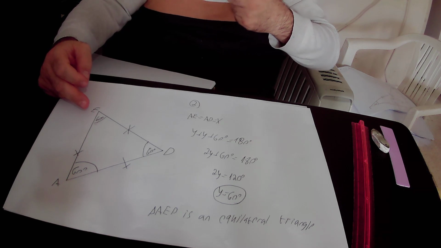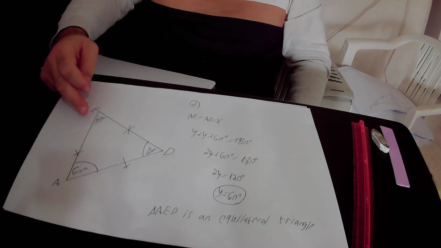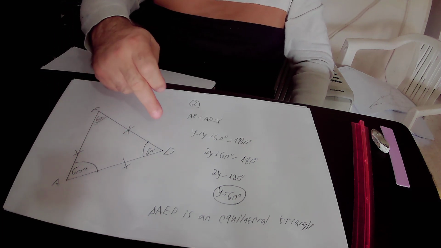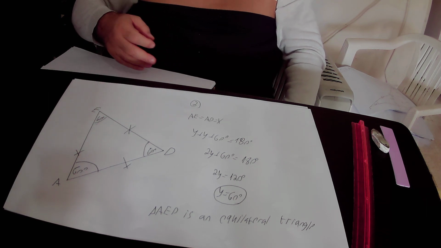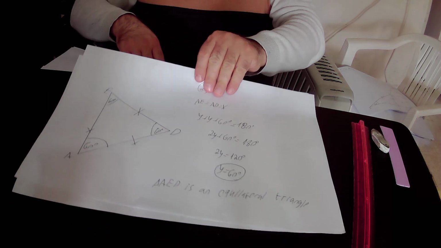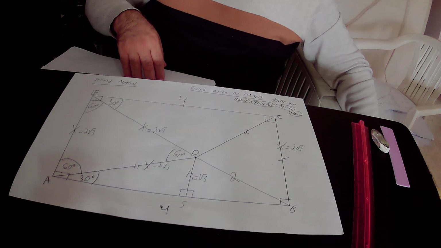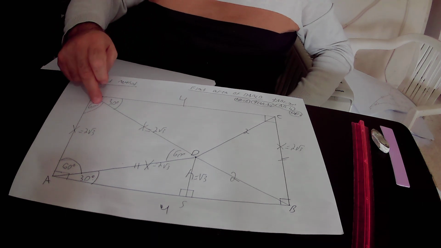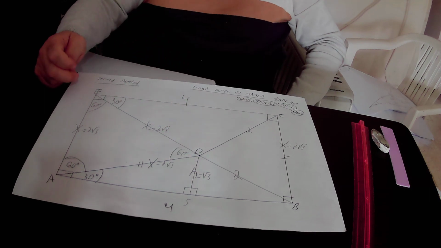Therefore, triangle EDA is an equilateral triangle, and AE equals x, AD equals x, so ED must also be equal to x because all the sides of an equilateral triangle are equal to each other. So in the original drawing, we can write that ED equals x, this angle equals 60 degrees, and this angle also equals 60 degrees.